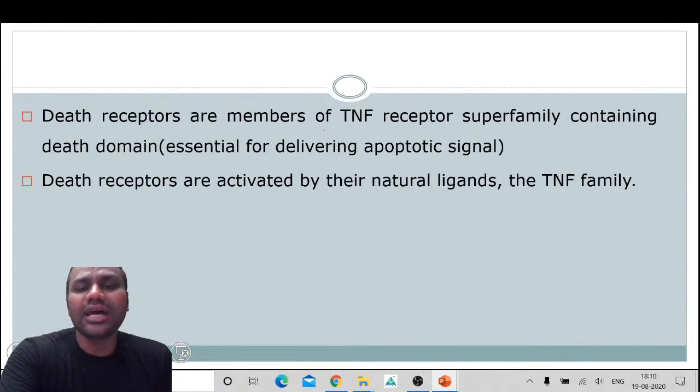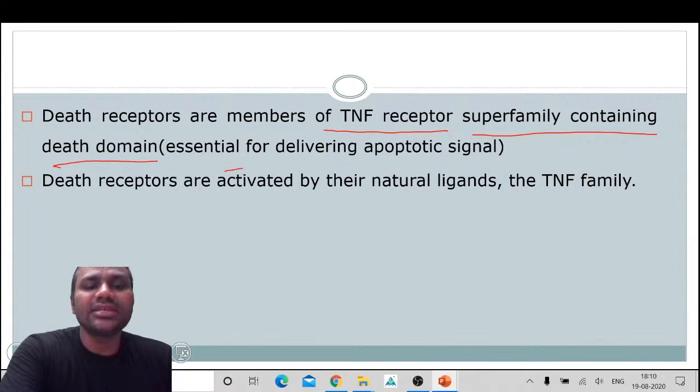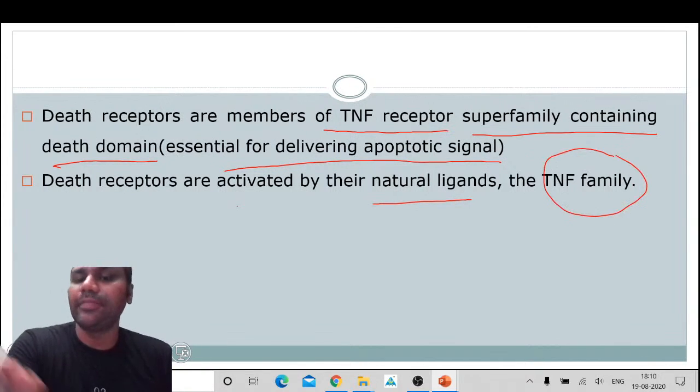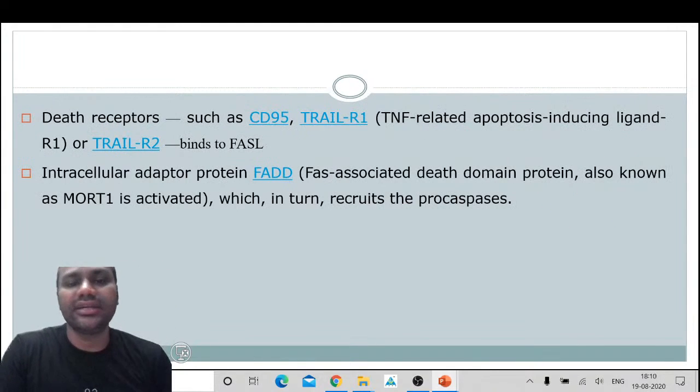Death receptors are members of the TNF receptor superfamily containing death domains essential for delivering apoptotic signals, and they are activated by natural ligands of the TNF family. Obviously T cells activate death receptors.